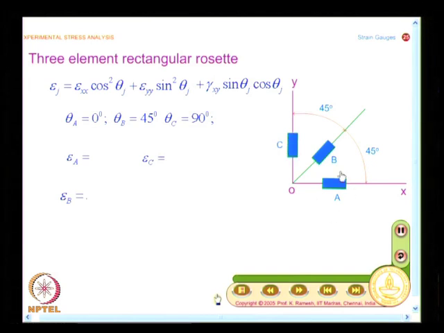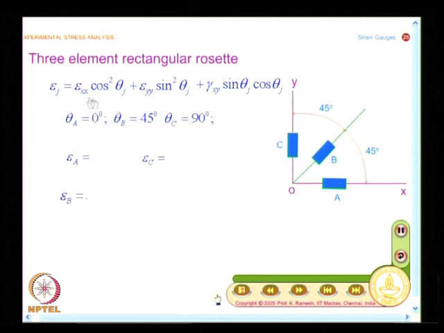So, what is the strain measured by strain gauge A? If I have this as my reference axis, I could simply say it is equal to epsilon x, and the strain measured by strain gauge C is epsilon y.